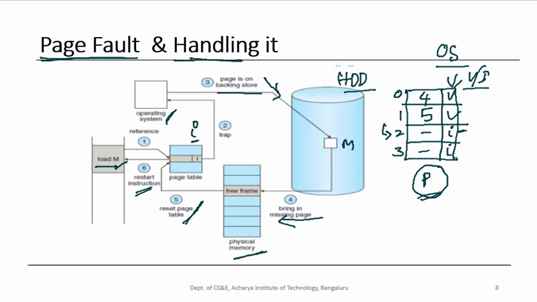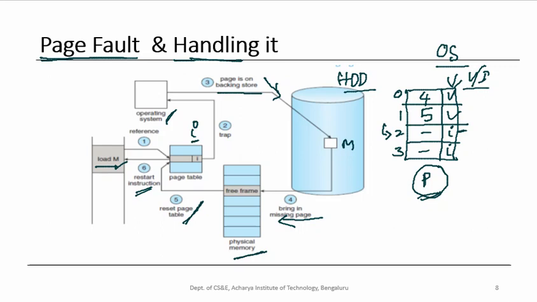So there are 6 steps. The CPU refers to a page. The page not being present in the main memory is found out by looking at the valid-invalid bit. If the bit is invalid, the CPU generates a trap, which is a kind of interrupt. This interrupt makes the operating system run an interrupt service routine that is responsible for bringing the requested page from the hard disk into the main memory.